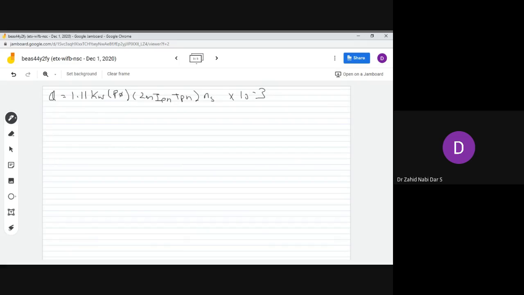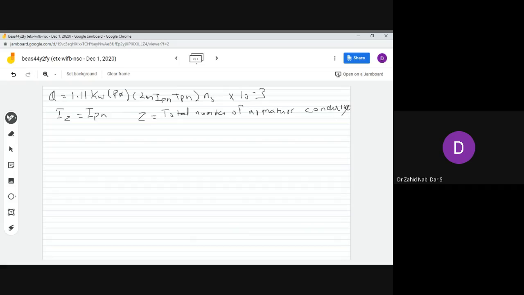Now what I can see is that the current in each conductor, if I consider, is Iz, that is equal to I phase. The total number of armature conductors Z will depend upon what?